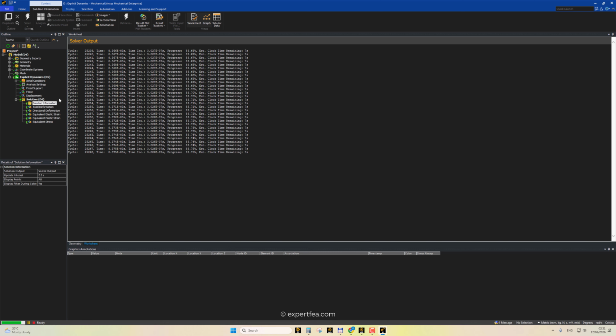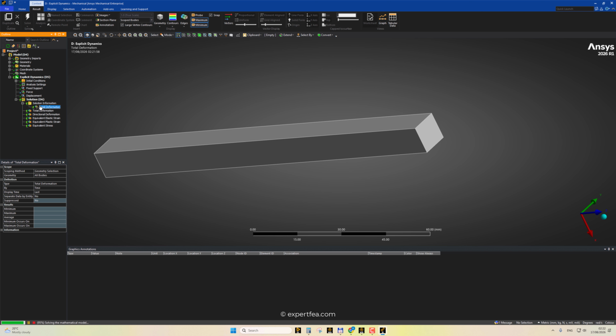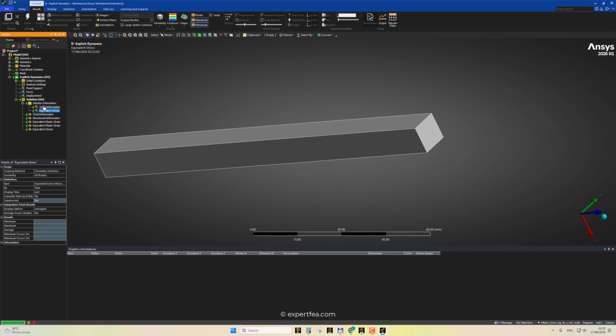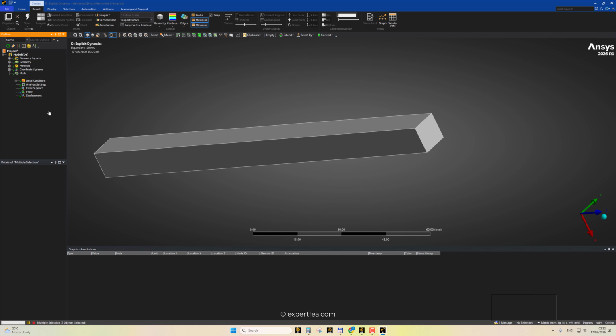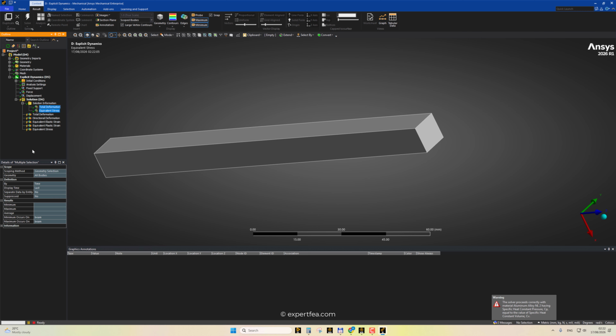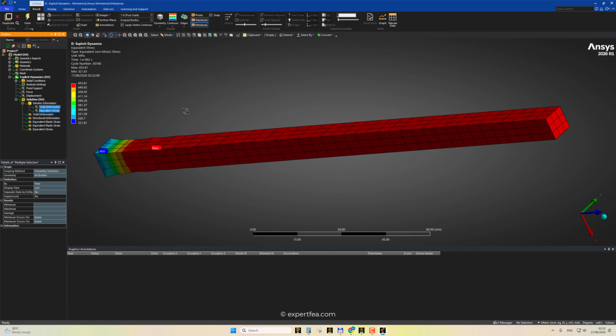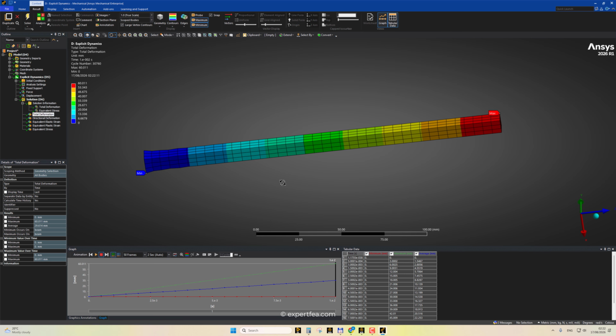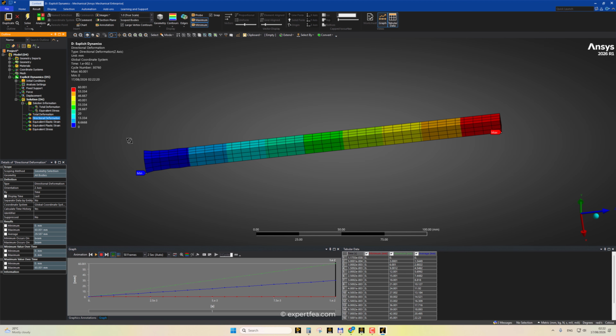All right. So in order to see results during the simulation, we do have the so-called trackers, and we can right-click, switch to automatic mode. But this is for the next solver. All right, so what do we have? We have the applied displacement, 60 millimeters. Yes, 60 millimeters also here.